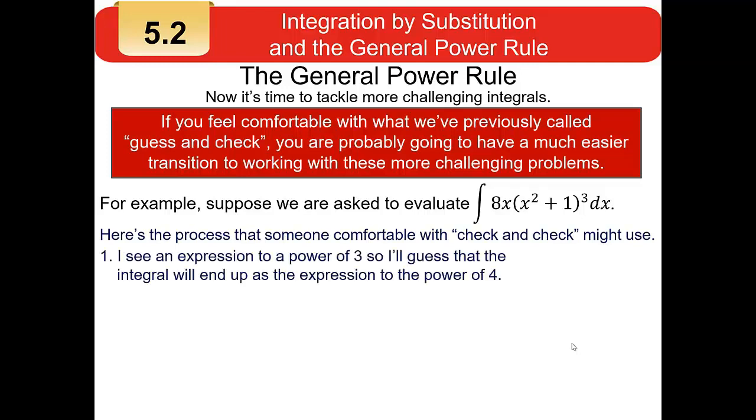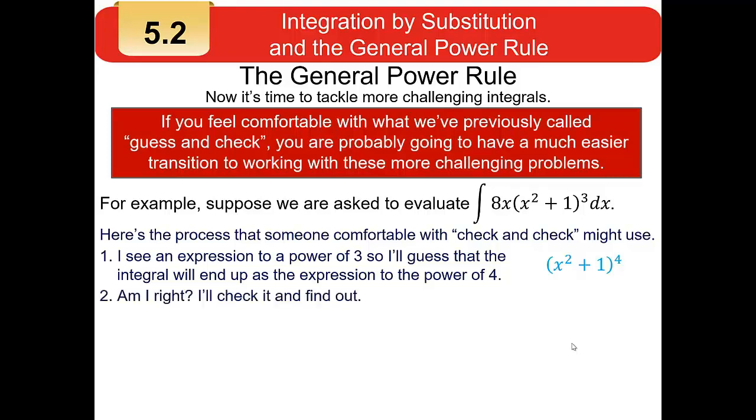First of all, I would say, okay, I see an expression with a power of 3 in that integrand, and I know the antiderivative with powers takes it up by 1. So I'm going to guess that the integral will end up with that expression raised to the fourth power instead of being raised to the third power.